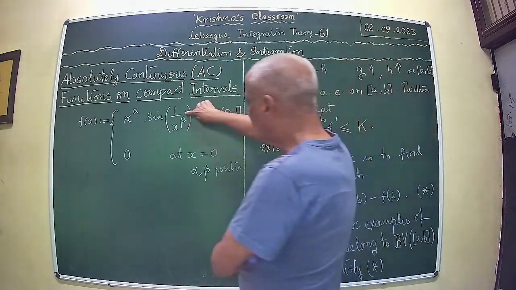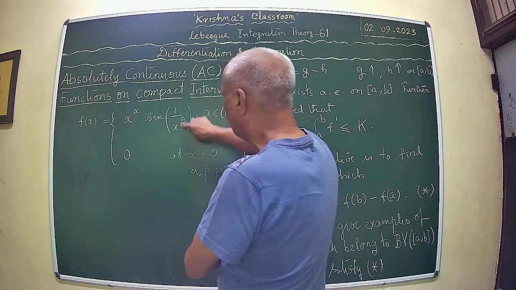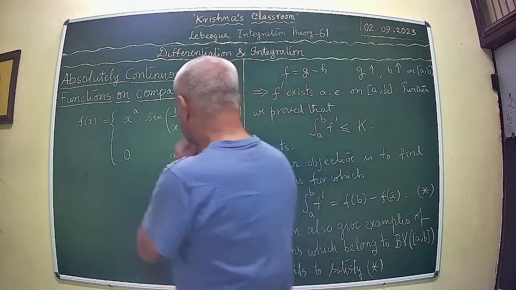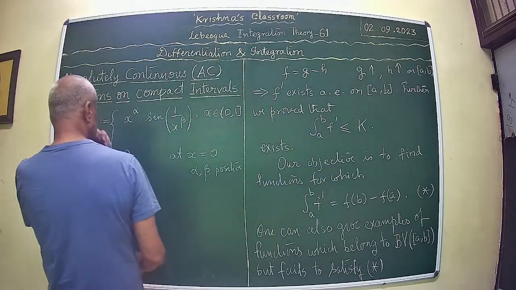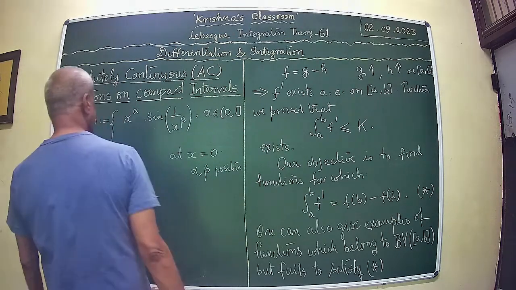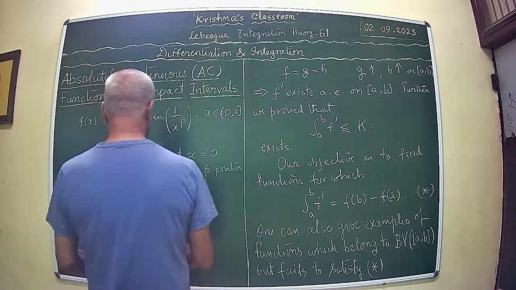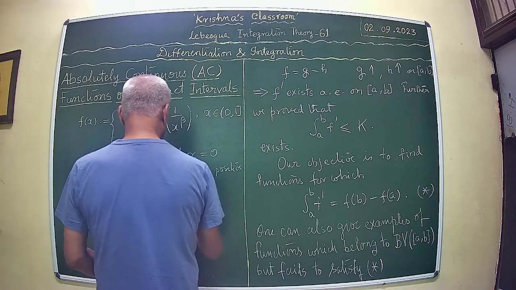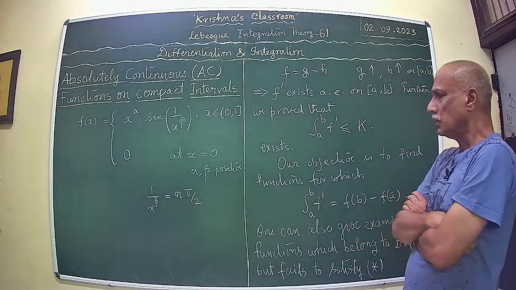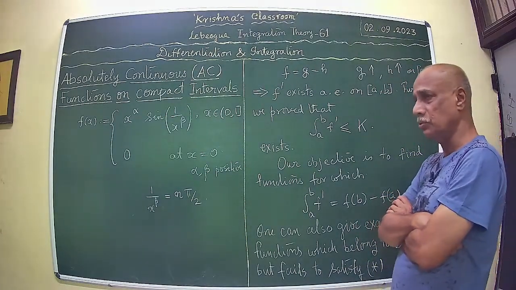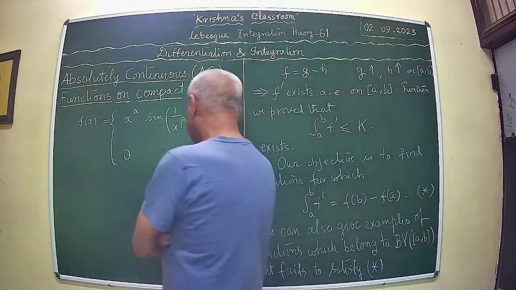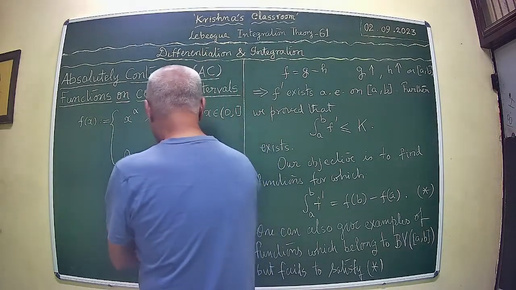Now oscillations are coming out from the term 1 by x to the power beta, and you see that this is where you get 1 by x to the power beta equal to n pi by 2, for n equal to 1, 2, 3, etc. What happens? Then you see that suppose this condition is satisfied.